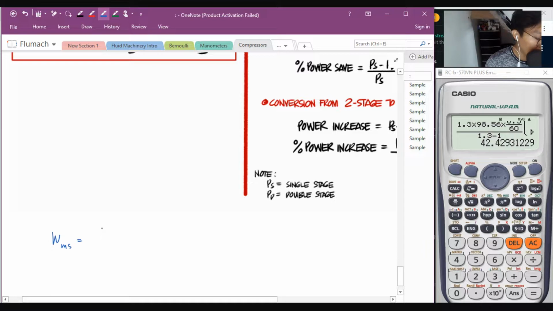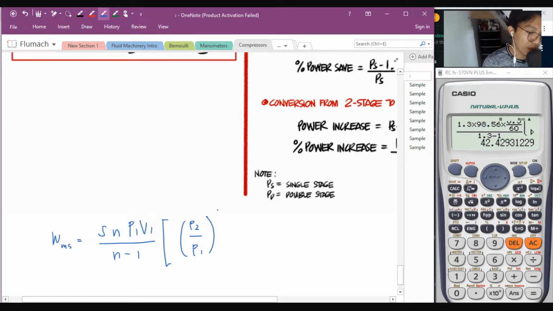Bale, number of stages is N P1 V1 divide by N minus 1 multiplied to P2 over P1. Tapos, meron ako ditong N minus 1 divide by number of stage, multiply mo to N minus 1, if ang gagamitin mo is the P2, hindi PX.